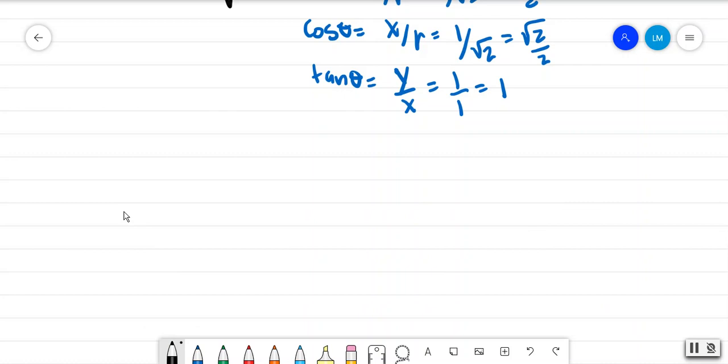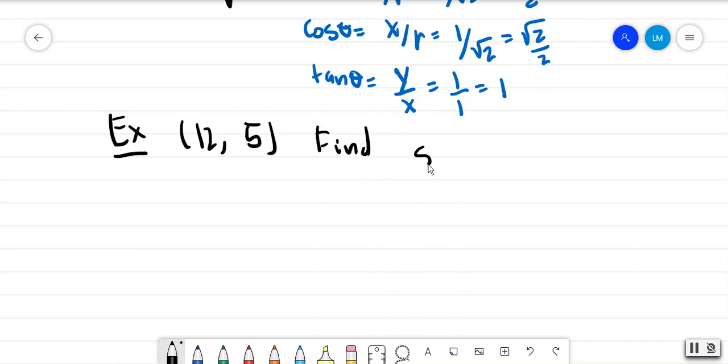Let's say that we have the following ordered pair, 12 comma 5. So we want to find sine theta, cosine theta, and tangent theta.